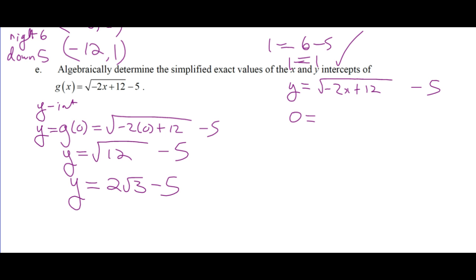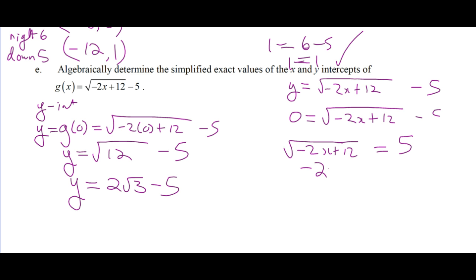Okay, so 0 is equal to, so 5 is equal, I'm going to flip them around. Five. Okay, going to square both sides, right? Is that a negative or is that an approximate?